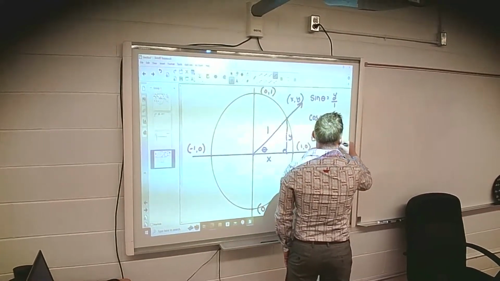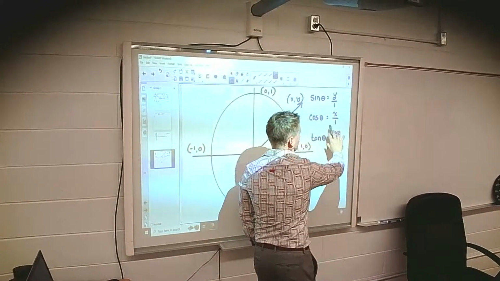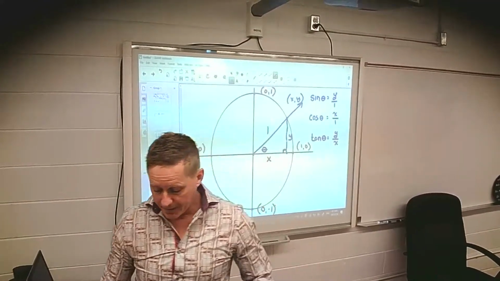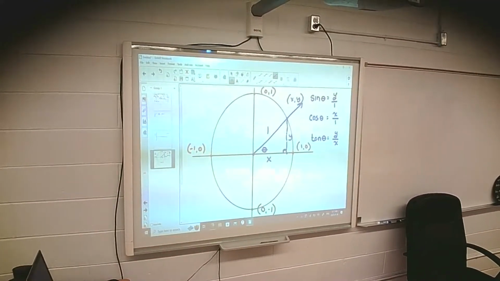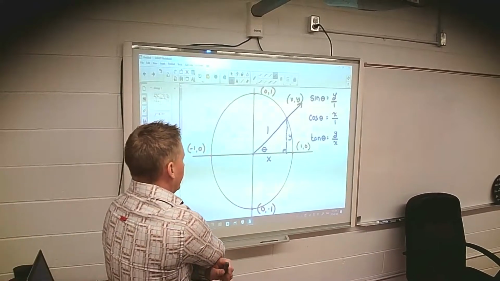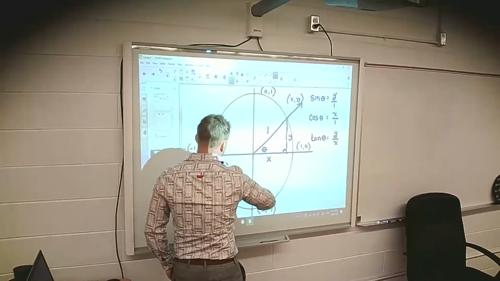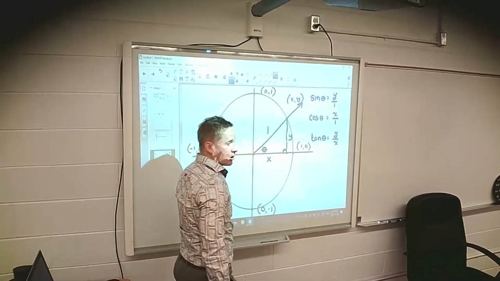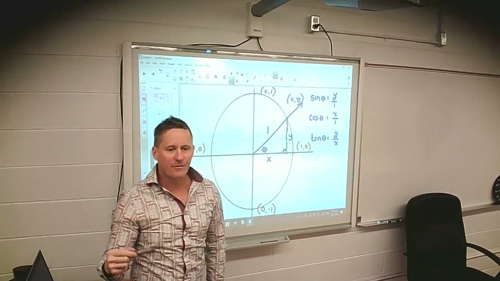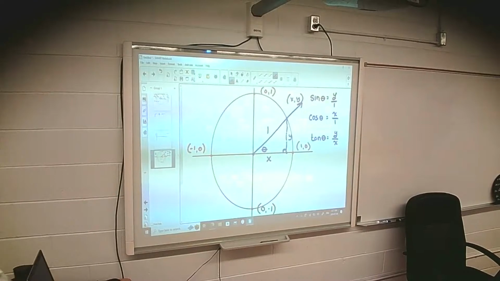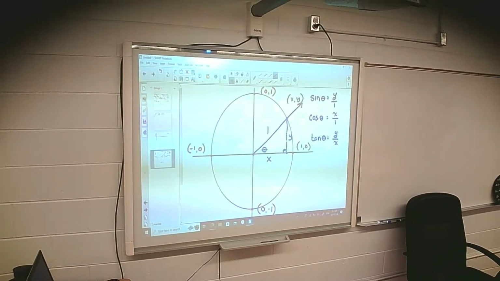Okay. Now, this one I'm going to not do much with. But the whole point of this is this. If I am talking about any coordinate along this circle, the x value is going to be equal to the cos theta ratio.